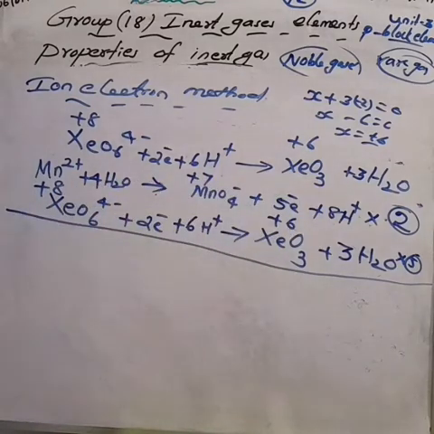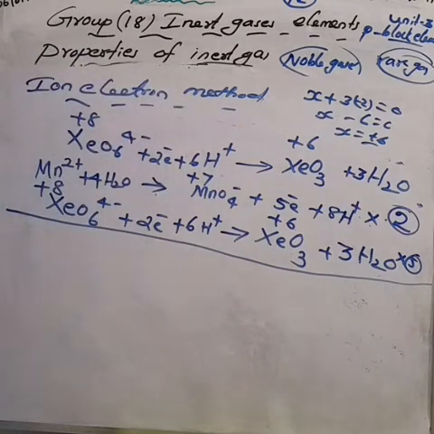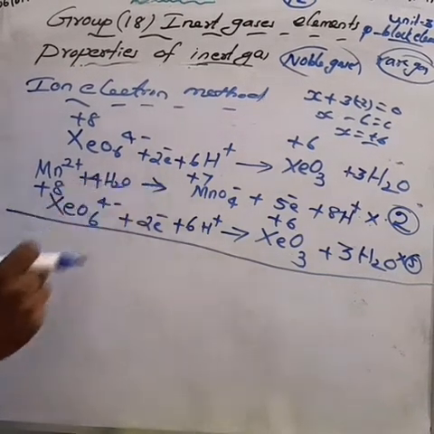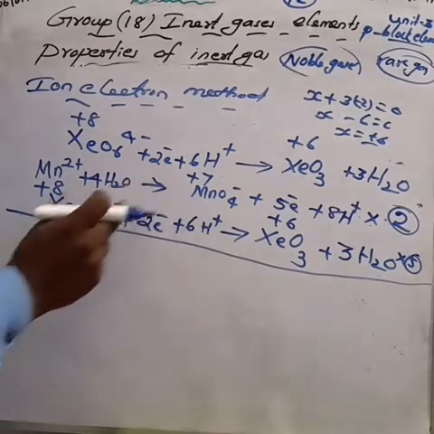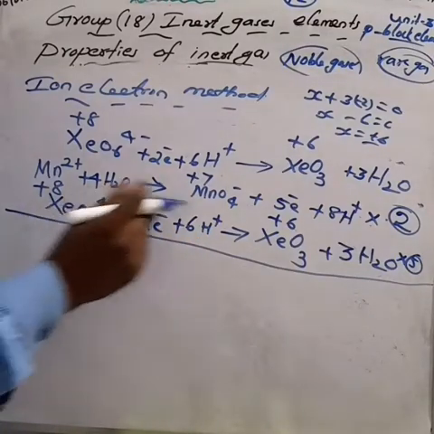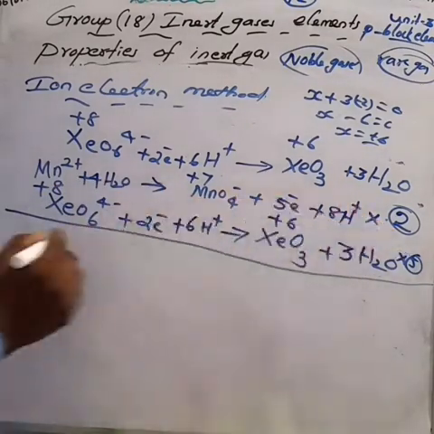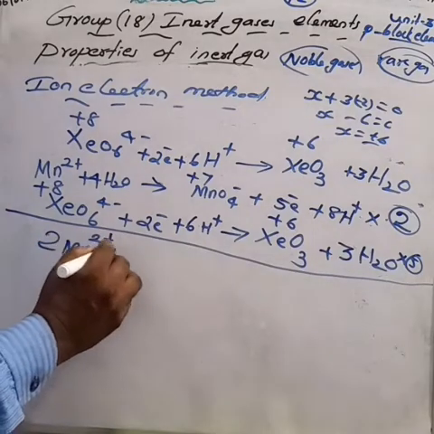This is the ion electron method of balancing. Multiplying the first equation by 2 and the second equation by 5, I am going to write the first equation multiplied by 2: 2Mn2 plus ion plus 4H2O.